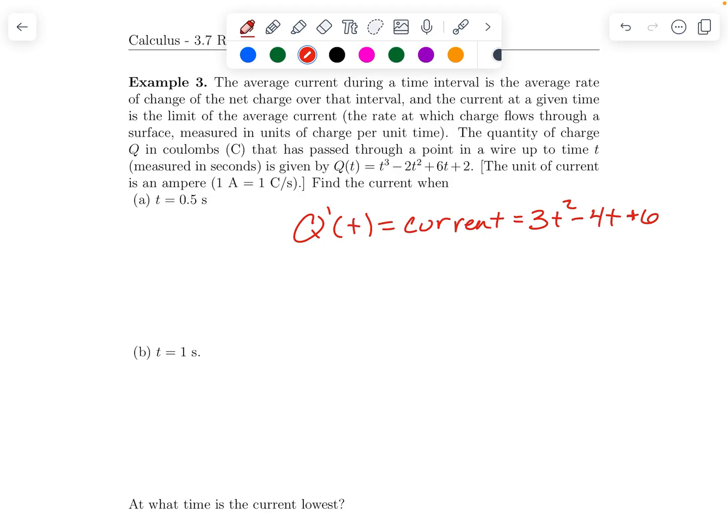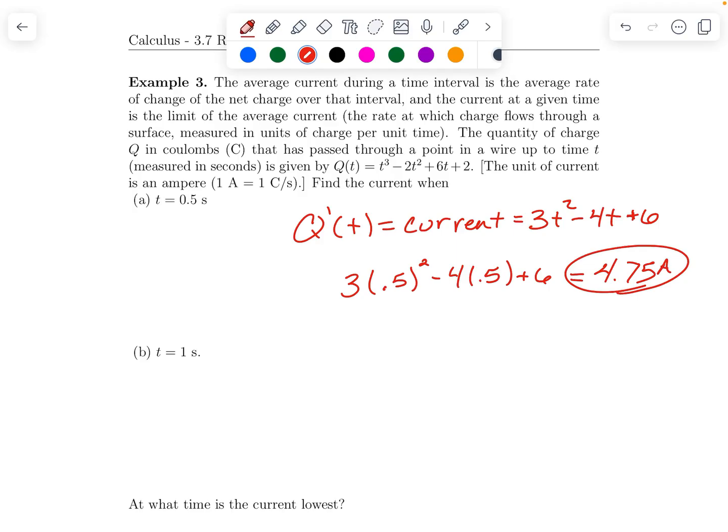So if I want current, I want 3t squared minus 4t plus 6, which is going to be 4.75. That's amps.